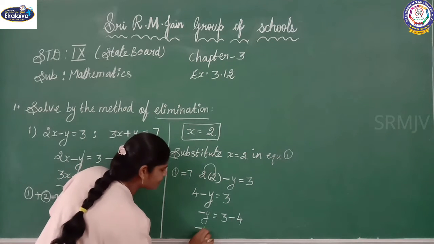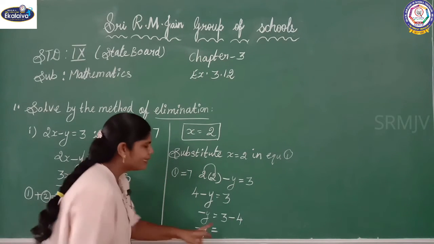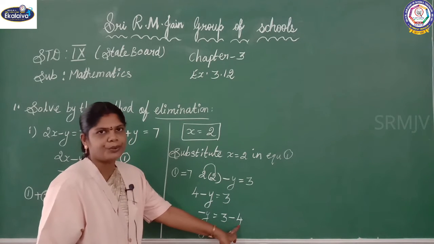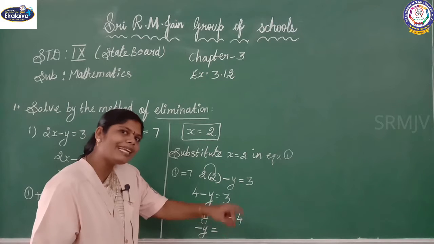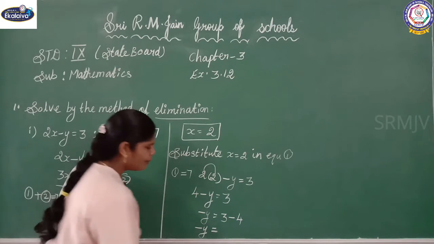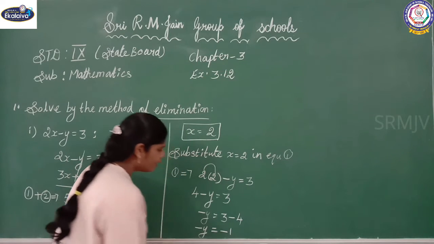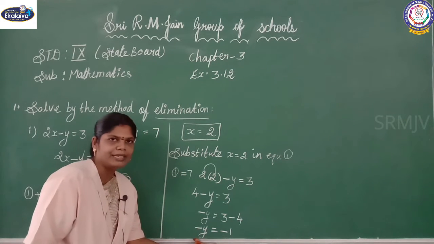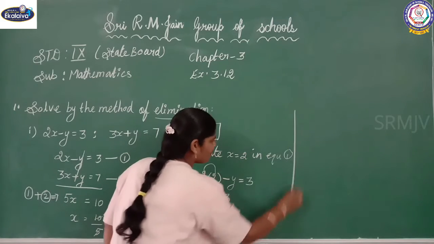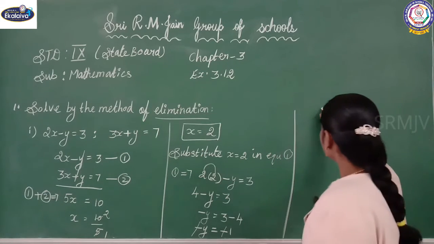So minus y equal to 3 minus 4. 3 is positive, 4 is negative, so you subtract and put the sign of the greater number. Here 3 minus 4, what will you get, children? Minus 1. Now see here, both sides have the negative sign, so cancel it. So what are we getting? y equal to 1.